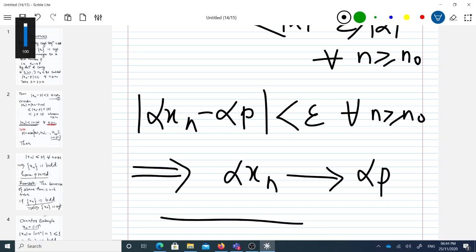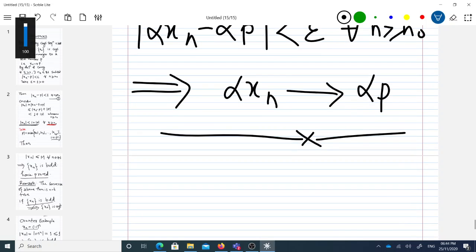This completes the multiplication: a scalar times a sequence converges to the scalar times the limit. In upcoming lectures we will prove that the product of two sequences is convergent. Similarly, the reciprocal of a sequence is convergent provided the sequence is non-zero, and the ratio of two sequences is convergent.